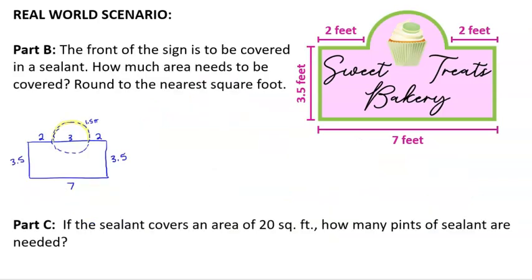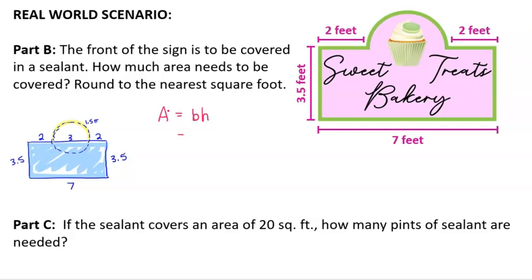Let's go ahead and move to part B. Part B says the front of the sign is to be covered in a sealant. How much area needs to be covered? Round to the nearest square foot. So I have our diagram here, and if we're looking for area, we're looking for the inside. The easiest part of this is to find the inside of this rectangle here. And we know that the area of a rectangle is going to be base times height, or length times width.